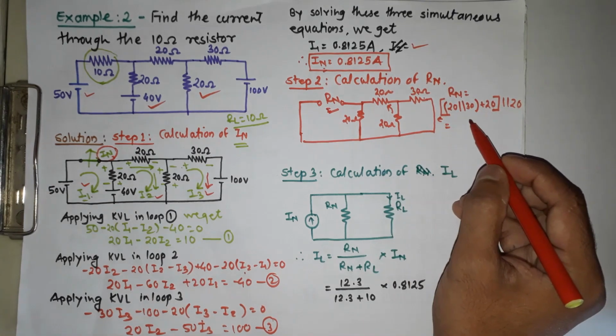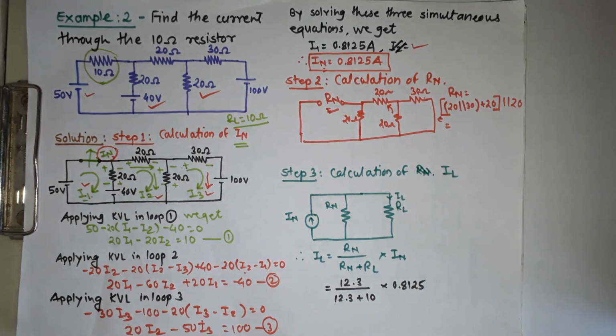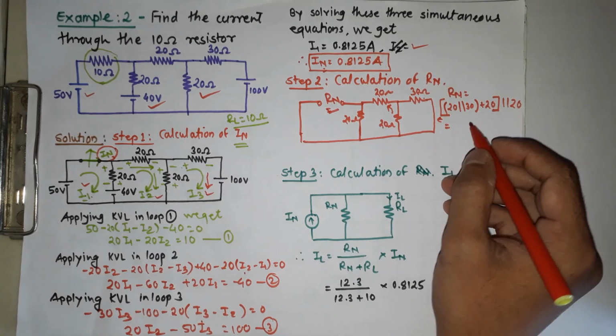By solving this, we get the value of Norton's resistance is 12.3.